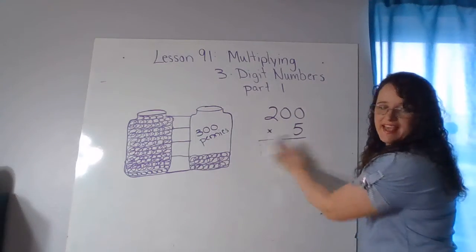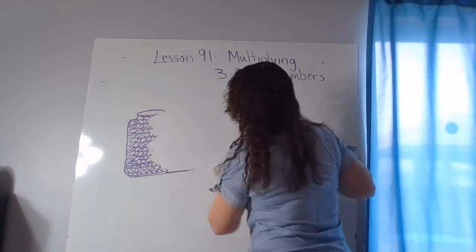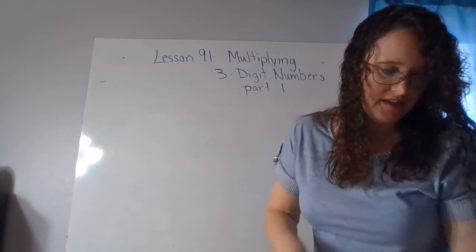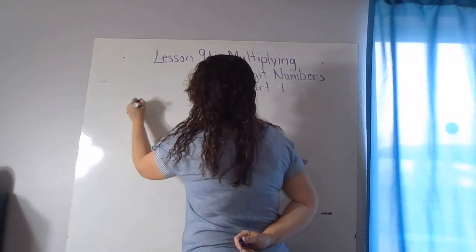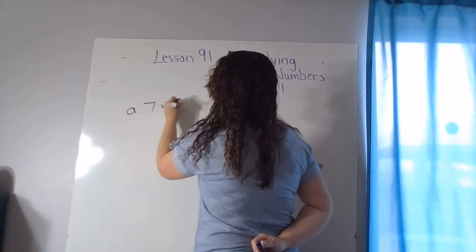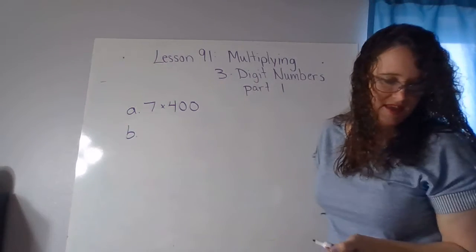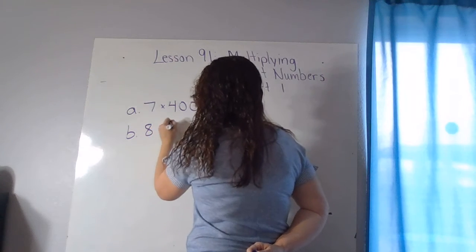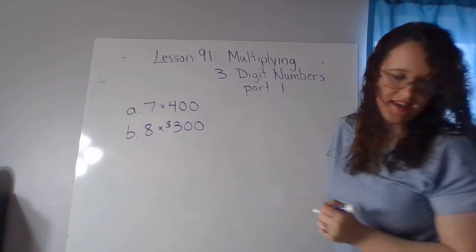Okay, so we have some lesson practice problems. I'm going to put them up on the board. So just for today, we have 7 times 400. Then we have 8 times $300.